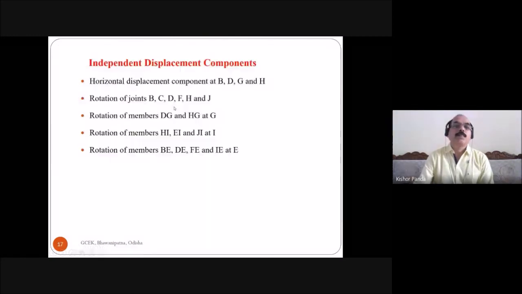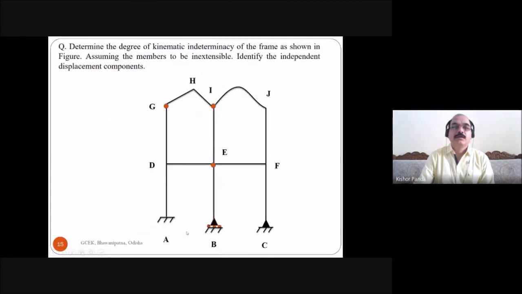Just to see here, the independent displacement components: the horizontal displacement components are at B, D, G, H. Horizontal displacement is expressed at B, D, G, H: B horizontal, D also horizontal, G also horizontal, and H also horizontal.